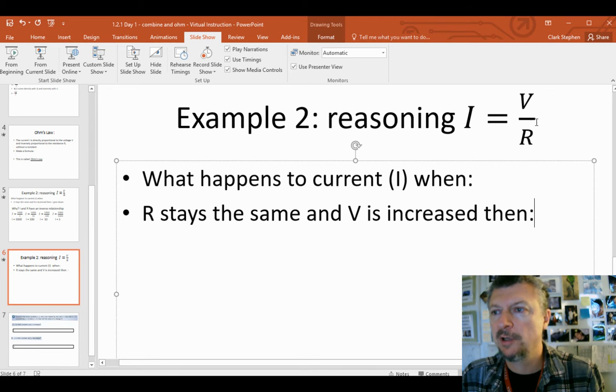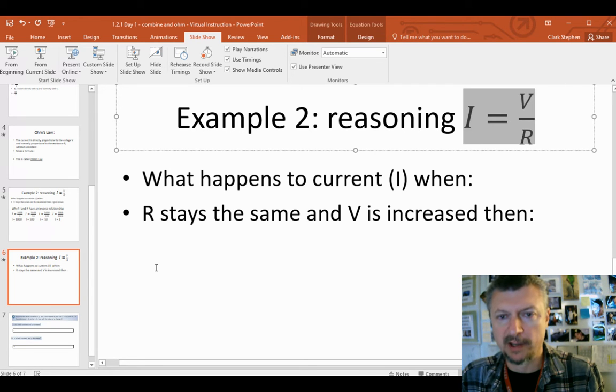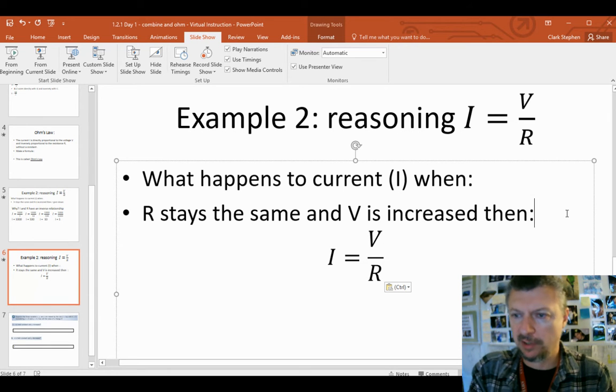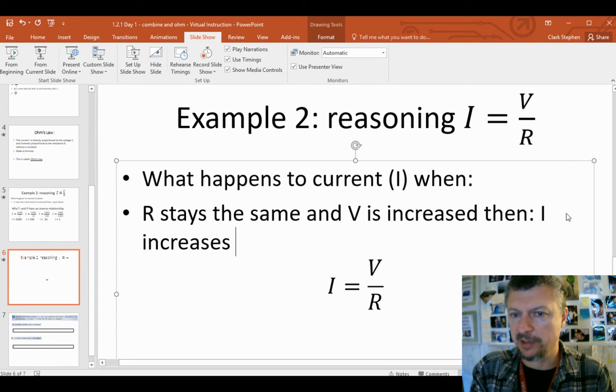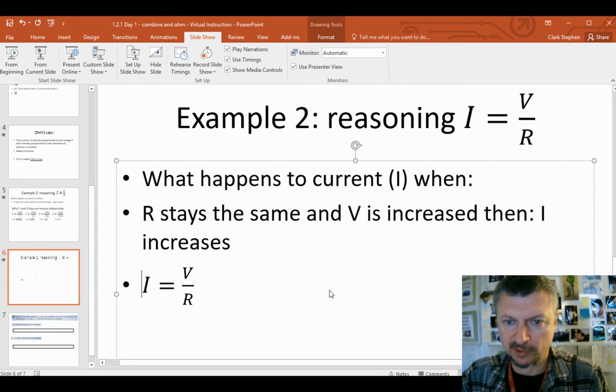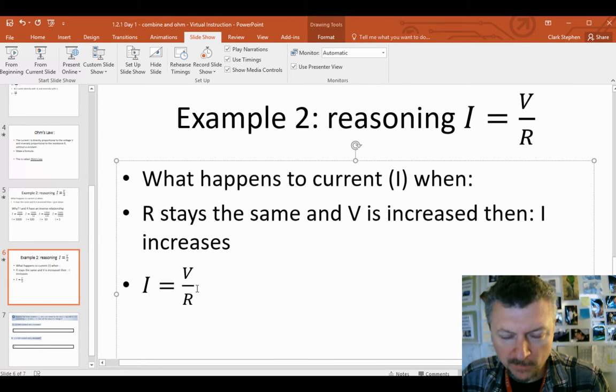So let me show you why again. R stays the same and V increased, then I increases. Okay, so that's what happens. Let's see why again. Let's organize this. Okay, let's say that R stays the same.